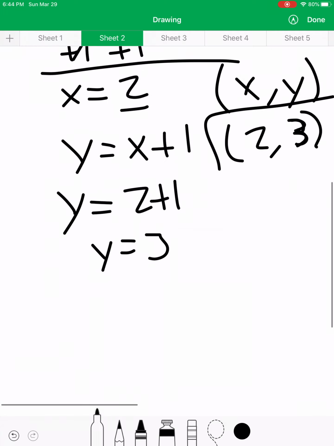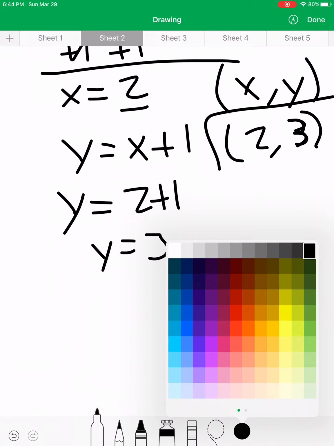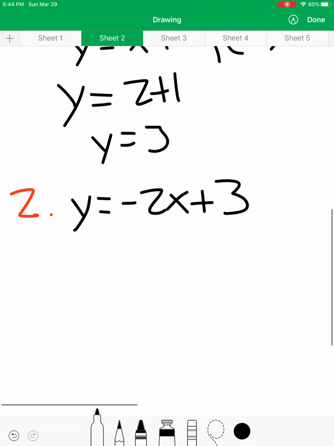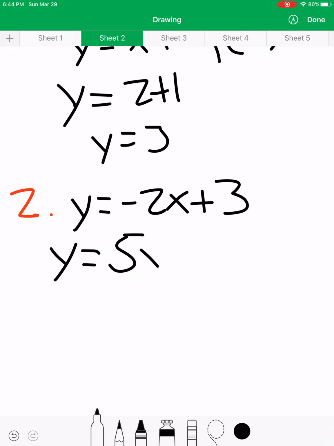All right, moving on to number 2 now. Number 2 was y equals negative 2x plus 3, and y equals 5x minus 4.